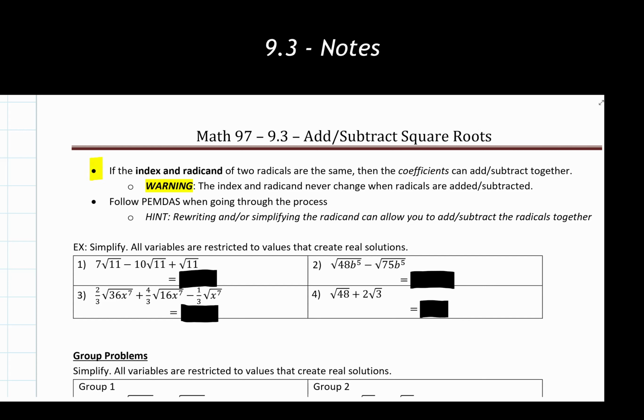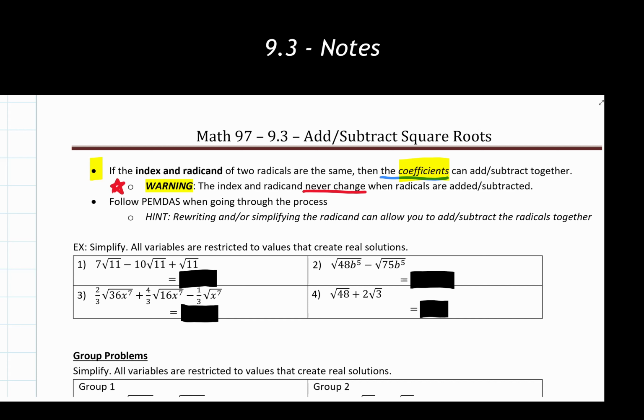If the index and radicand of two radicals are the same, then the coefficients can add and subtract together. I want to make it very clear here that it's the coefficients specifically that are adding and subtracting together. A big warning that I will give you, and this tends to get a lot of people as they're going through this section, is we tend to think that because I'm adding and subtracting things, the index and or the radicand must also change, when it turns out the index and radicand will actually never change when we are adding and subtracting radicals together.